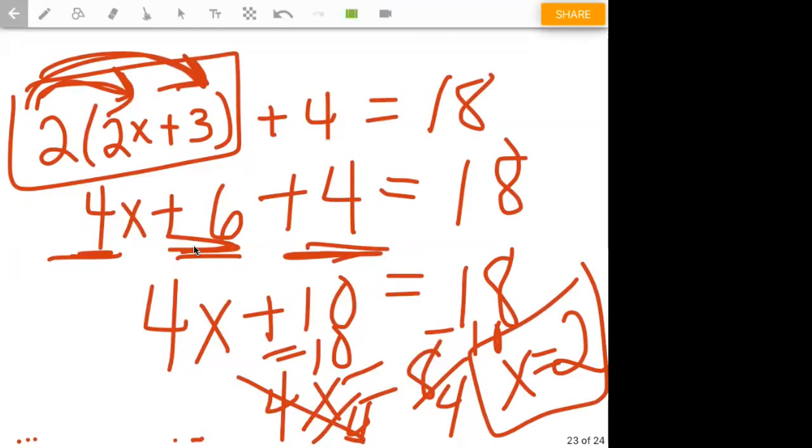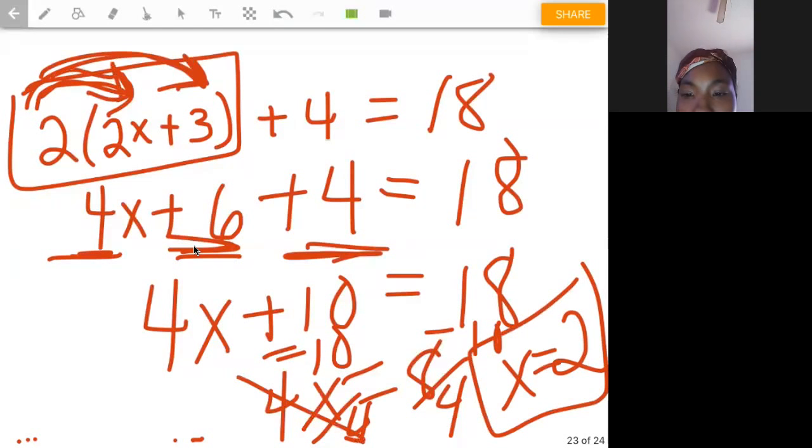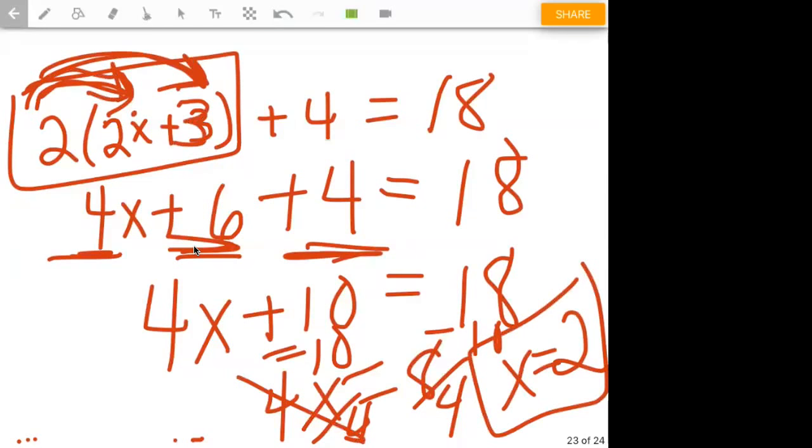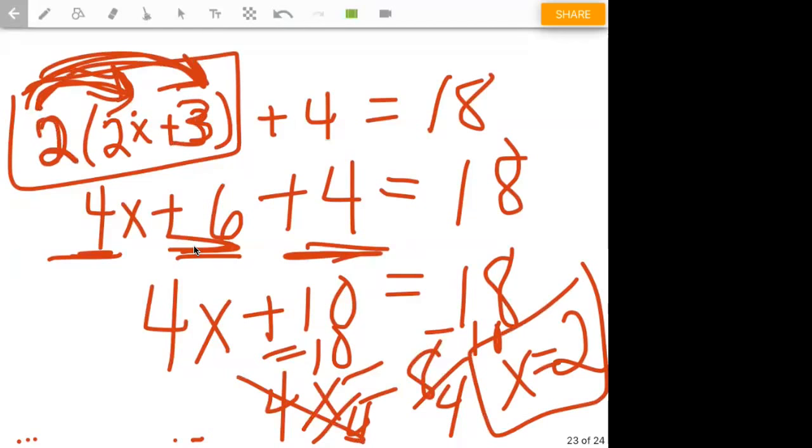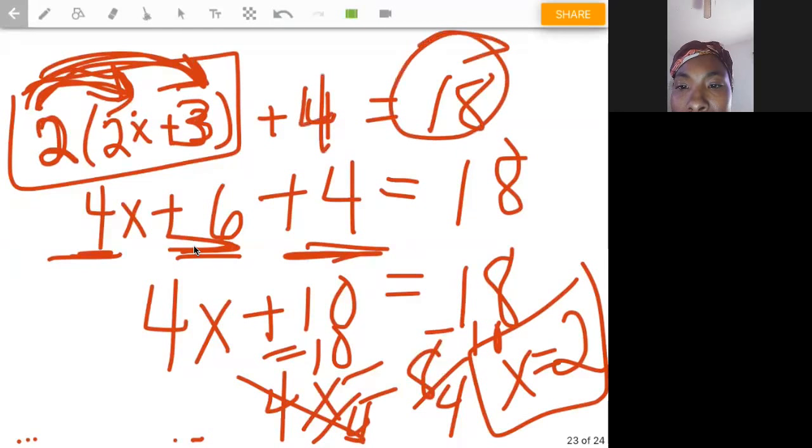Yep, and then we can always go back and check. Original category is 2, four, which we think is. 2 times 2 is 4. Plus the 7. Multiply it by 2. 14 plus the 4.